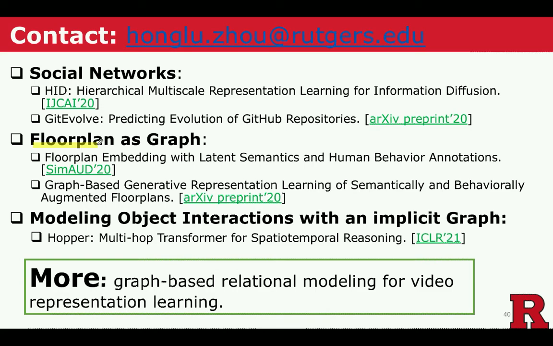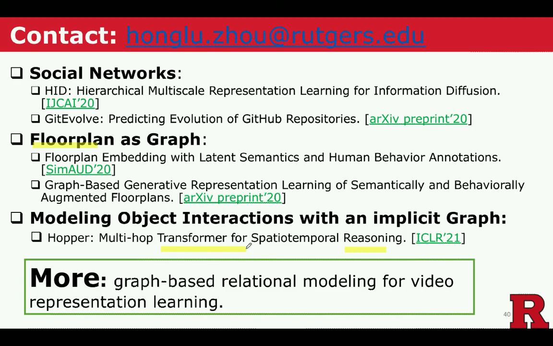We have also performed a video reasoning task with a novel transformer model. An implicit graph is constructed by the transformer model, where each node is an object, and the transformer model can model the object interactions.